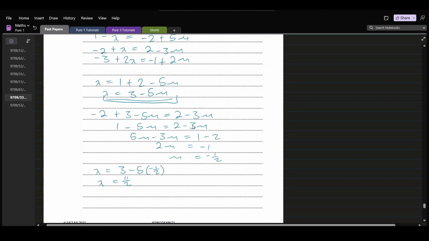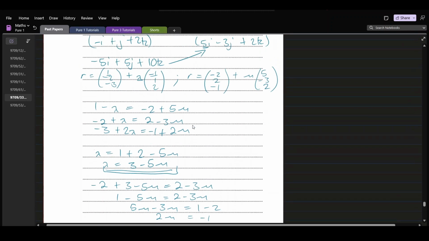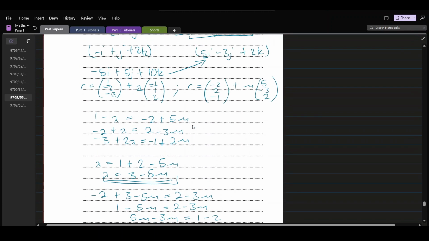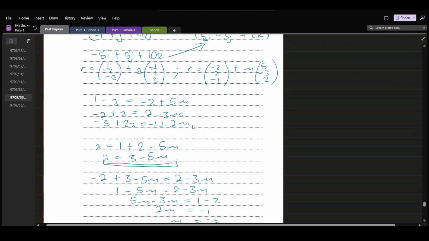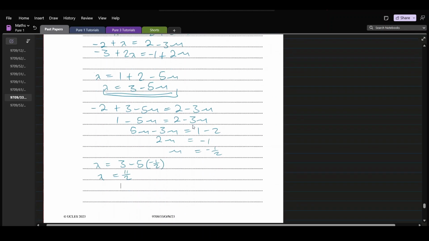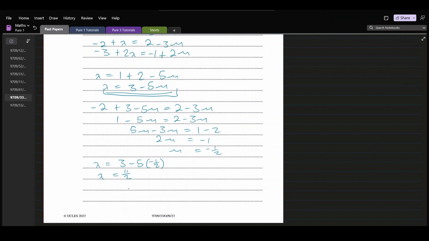Now to check if the lines intersect, we can substitute our values for mu and lambda into our third equation. And if the third equation is satisfied, then we know that our lines intersect. So our third equation is negative 3 plus 2 lambda, where lambda is 11 over 2, and then we have negative 1 plus 2 times mu, where mu is negative 1 over 2.